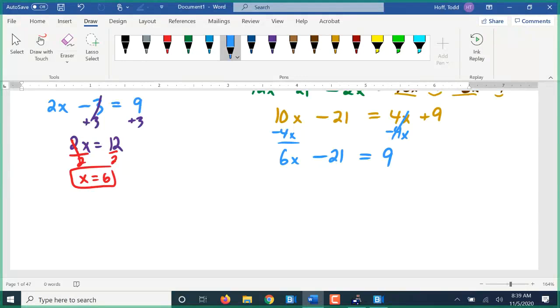Now we're ready to solve. We add 21 to both sides. 6x equals 30. We divide by 6. X equals 5.